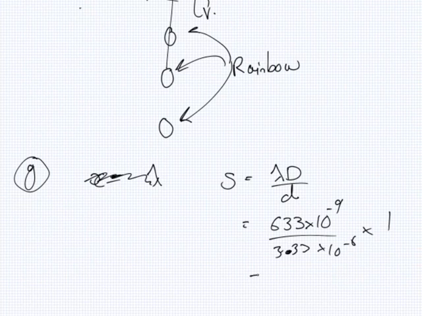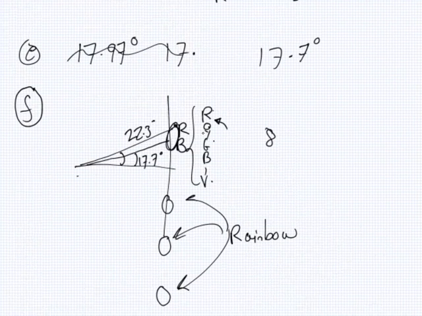Right, so what did you get here? 0.19 meters? So 19 centimeters then. Okay, H? How wide does the screen need to be? Which color of all the colors is the furthest out? Red.